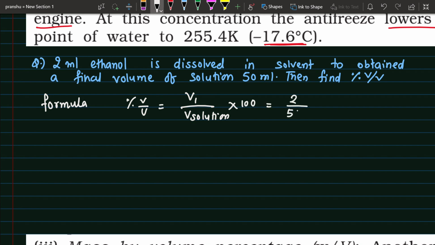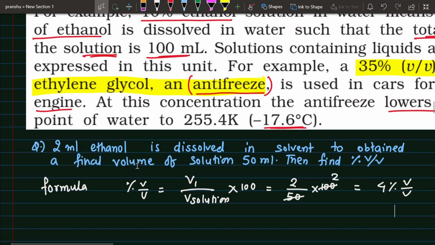So 2 upon 50 into 100. So answer will be 4% V by V.